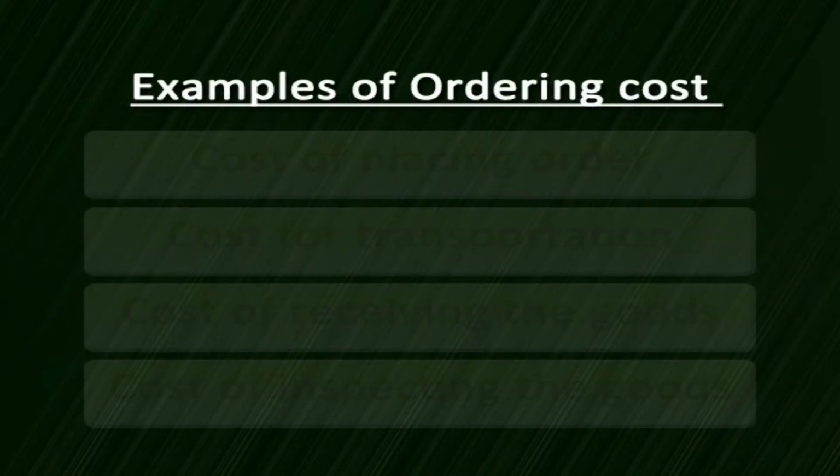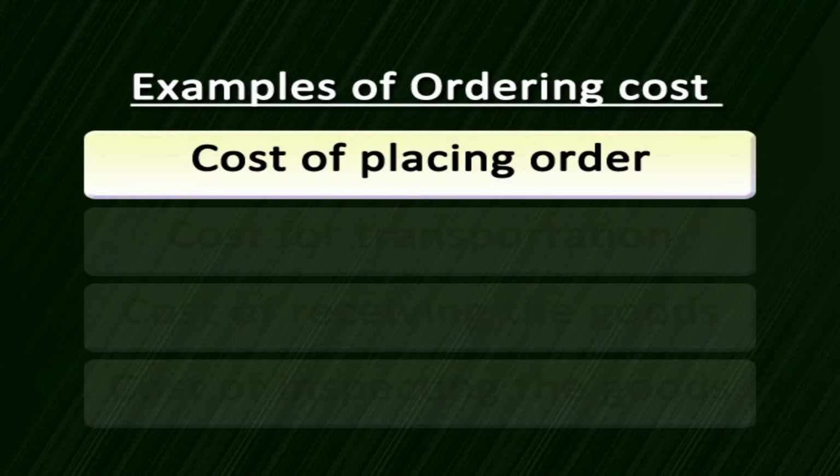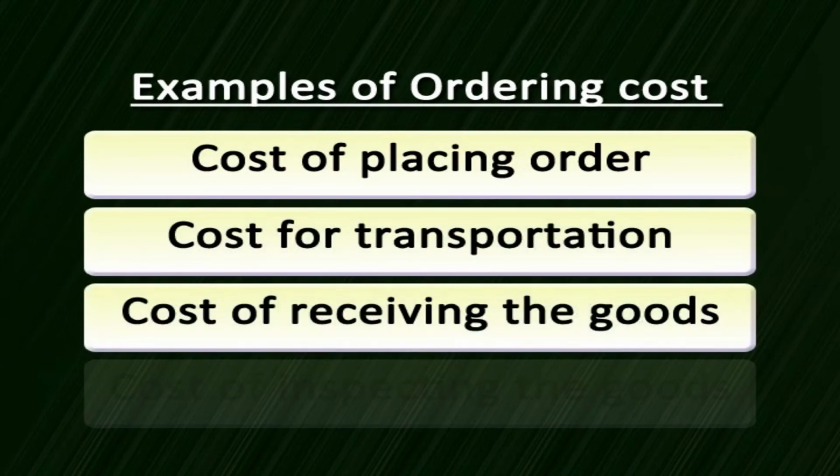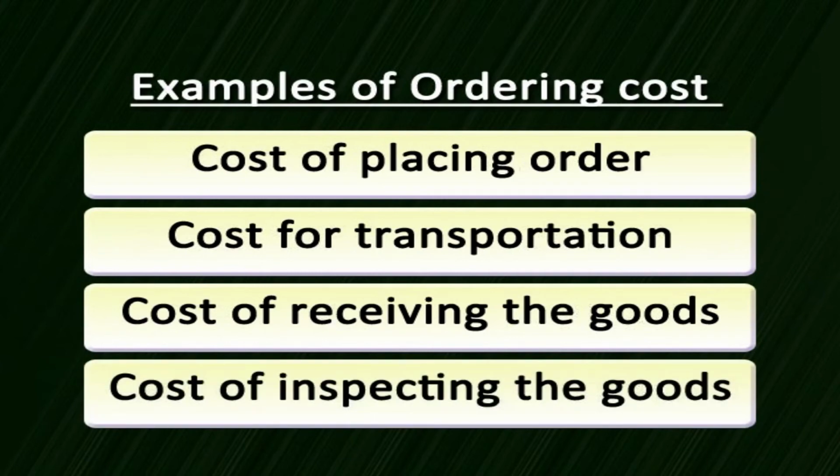Examples of ordering cost are cost of placing order, cost of transportation, cost of receiving the goods and cost of inspecting the goods.